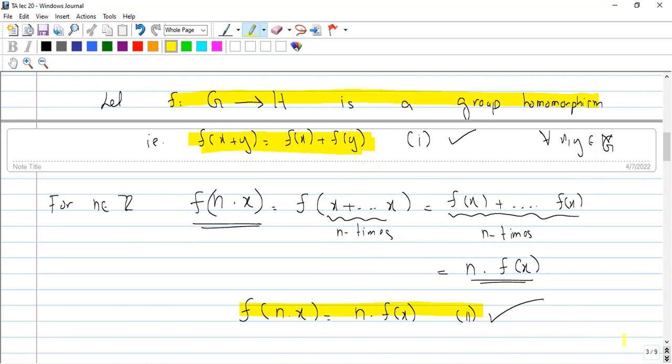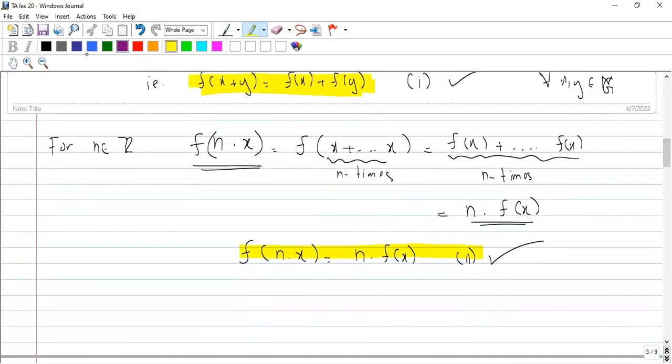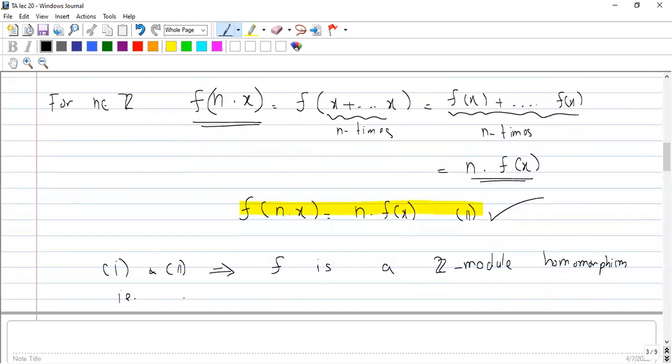From conditions 1 and 2, we can conclude that f is a Z module homomorphism. So what does this imply? That a Z module homomorphism is a group homomorphism.